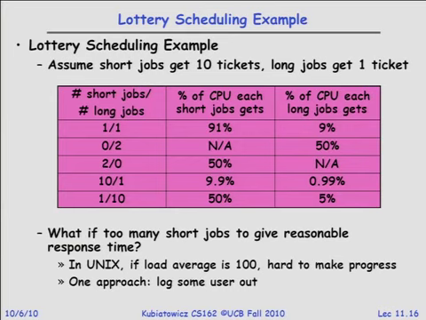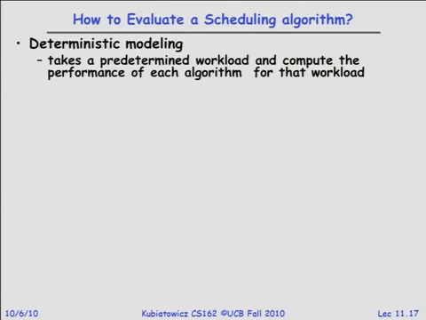So let's finish up the scheduling topic here. How do you evaluate a scheduling algorithm? I already indicated that it can get pretty complicated in the wild. There's a lot of knobs that people turn. Well, we could try a modeling scenario where we take a predetermined workload, model the scheduler, and compute the performance of each scheduling algorithm for that workload.